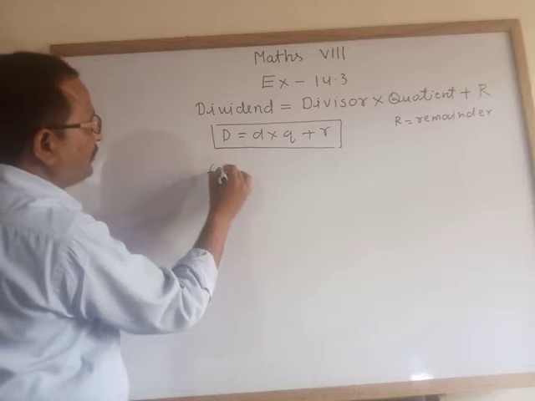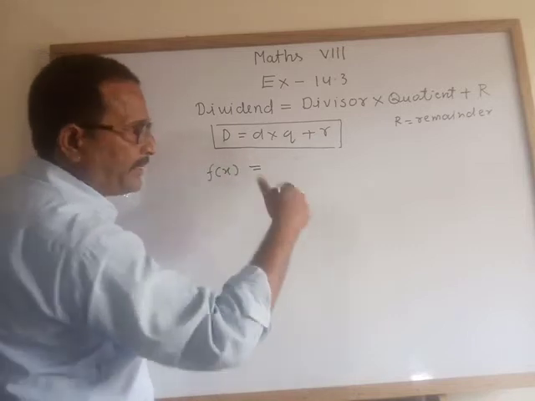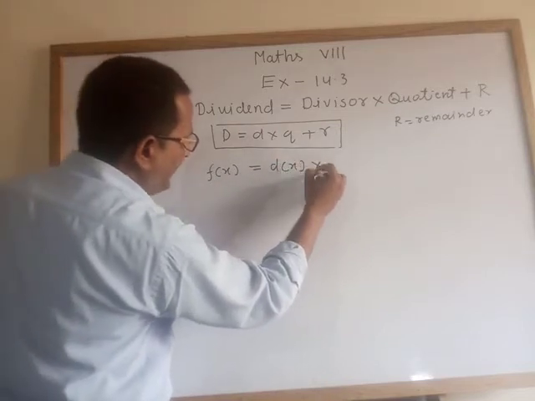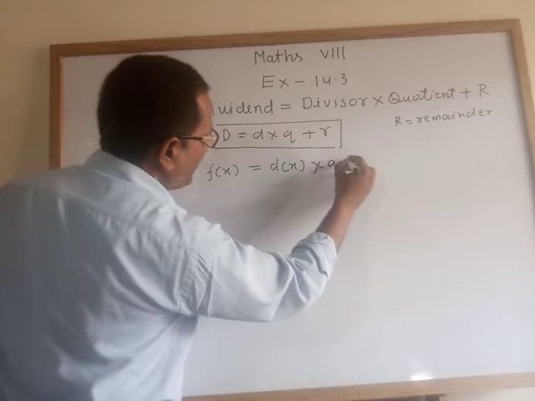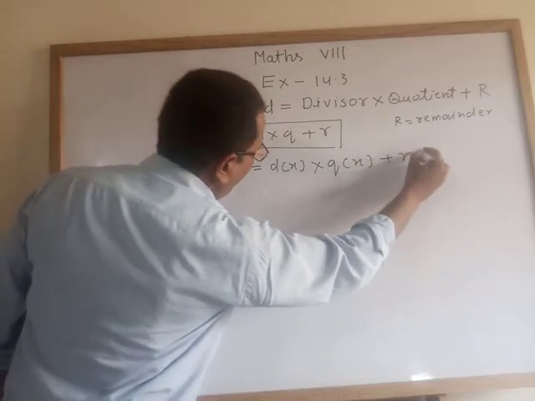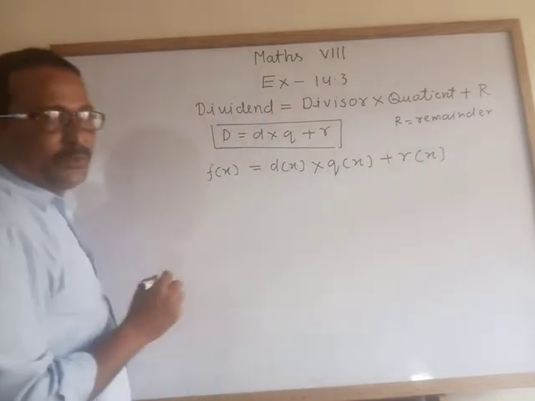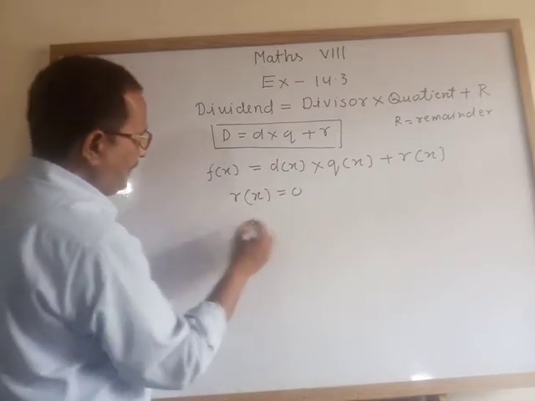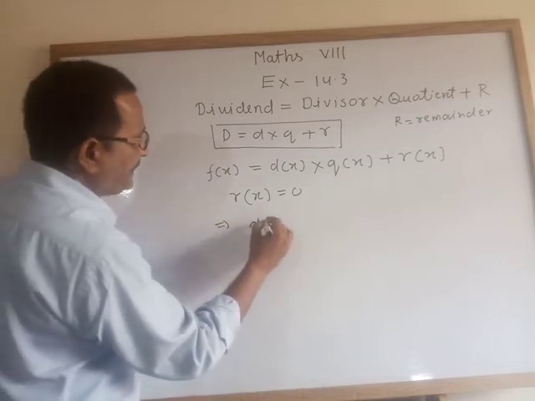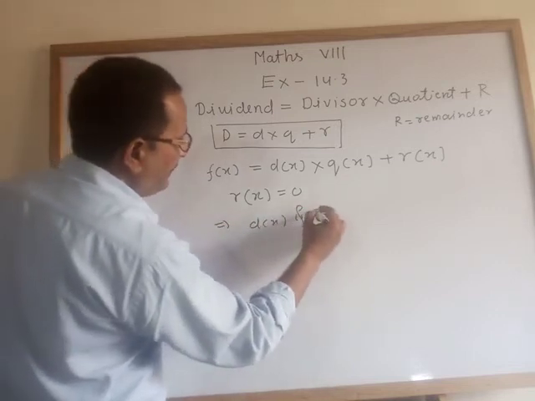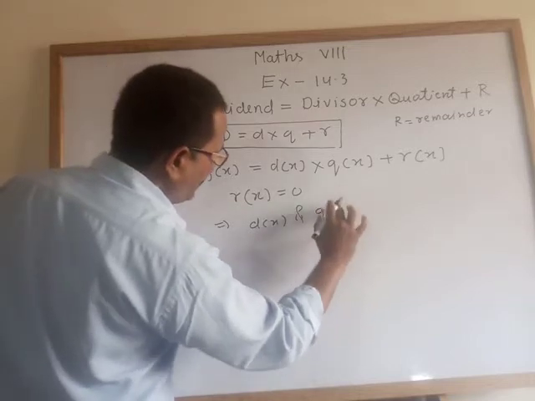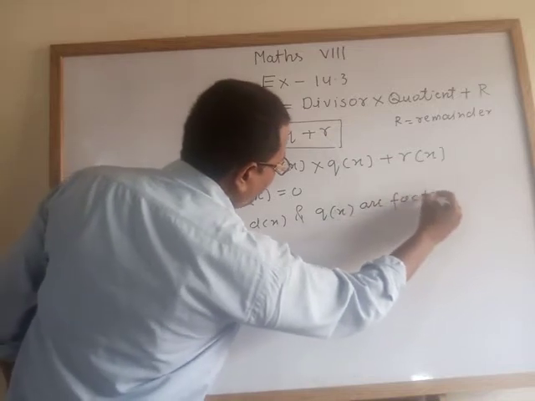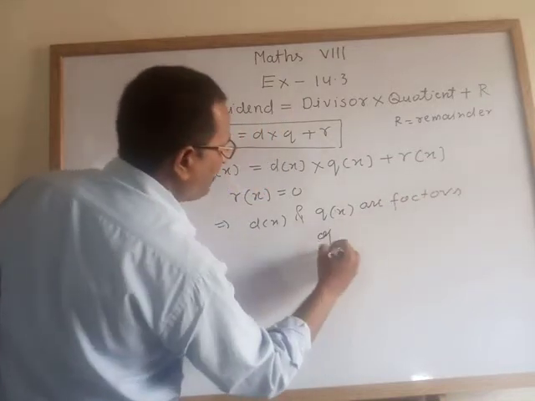Suppose any polynomial f(x) is divided by another polynomial g(x) or d(x), there exists a quotient called q(x) and remainder r(x). And I told that if r(x), the remainder, is equal to 0, this implies that d(x) and q(x) are factors of f(x).